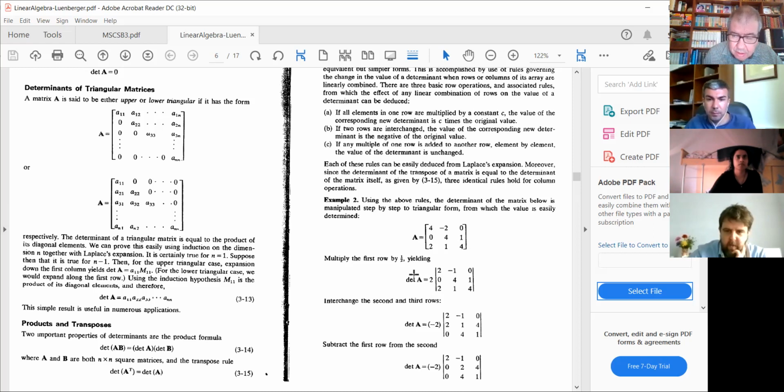of that constant. Okay, so I understand. I completely understand what you mean. I just, by reading the first rule, I don't understand that. If all elements of one row are multiplied by a constant C, so by a constant 1/2, the value of the corresponding new determinant is C times the original value. So if you multiply the first row by 1/2, then what happens?